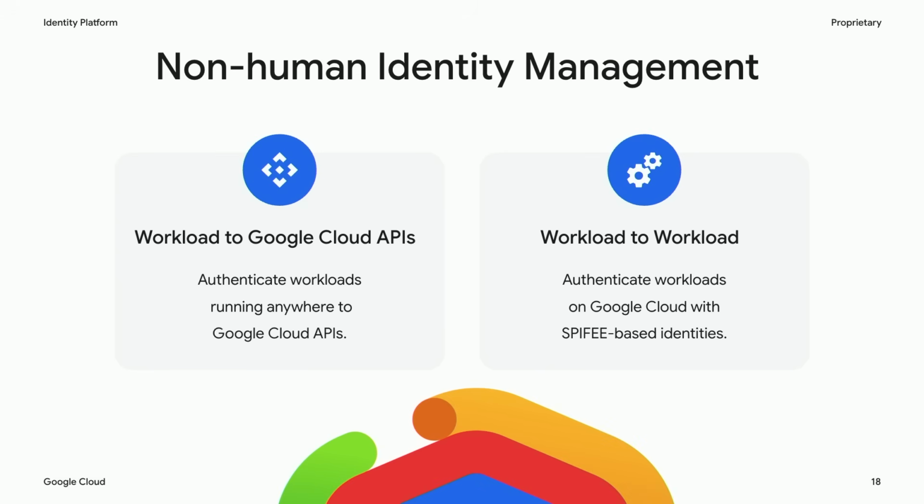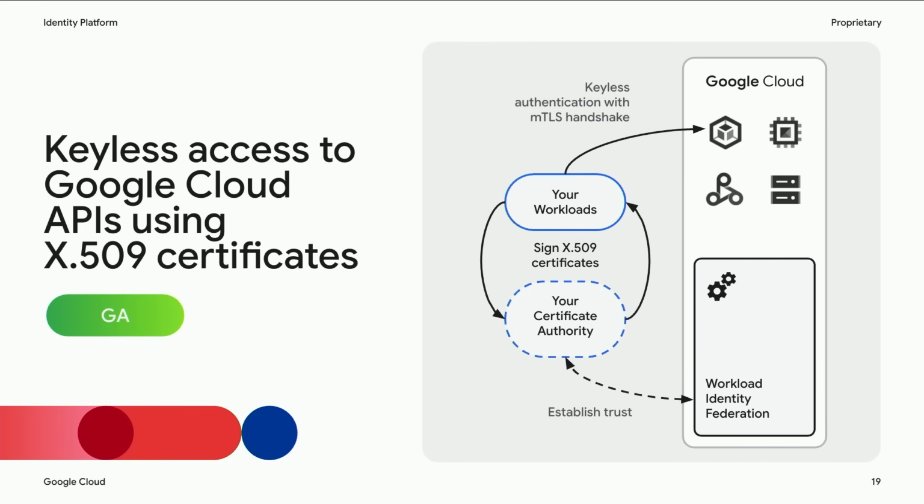For non-human identity management, particularly, we also enable you to securely have your workloads talk to Google Cloud APIs and have these same workloads talk securely to other workloads as well. These are all built on a strong set of capabilities.